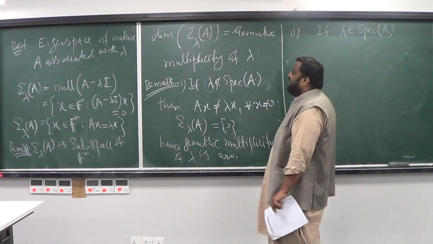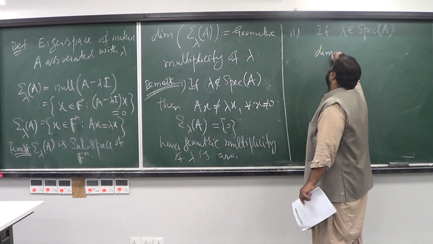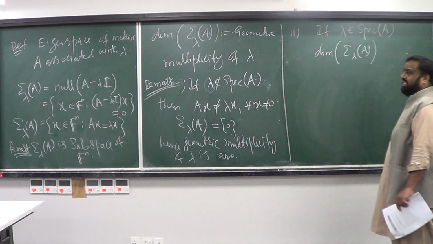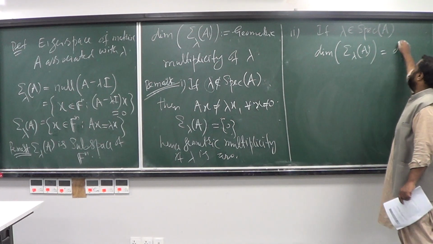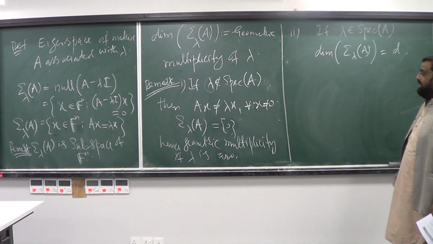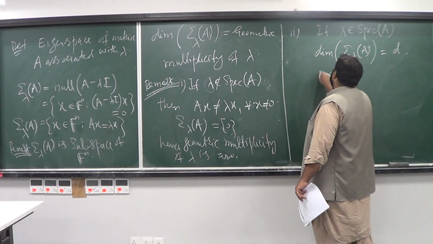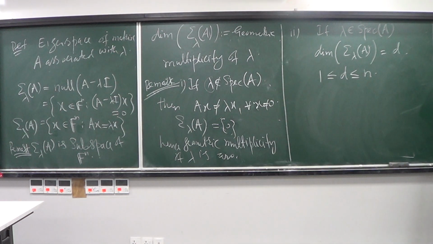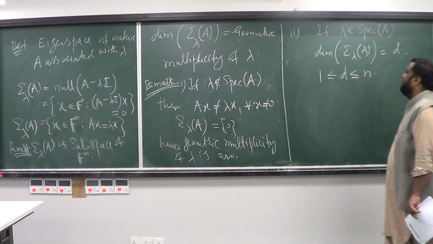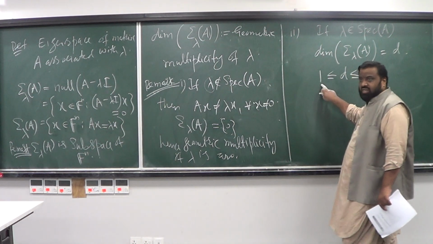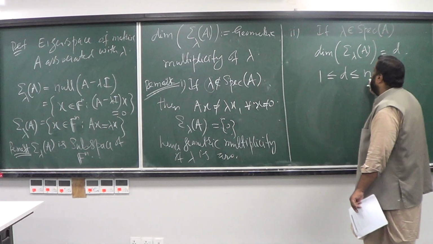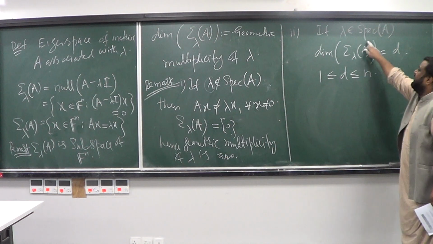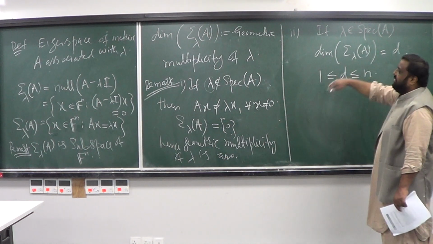What could be the dimension of the eigenspace of the matrix A associated with lambda? It's going to be a number D, but this D is going to be something between 1 and n. It could be 1, and it could be at most n, because this is a subspace of Fn.